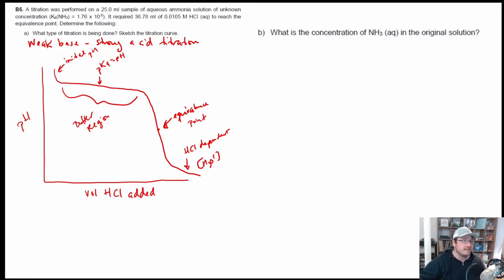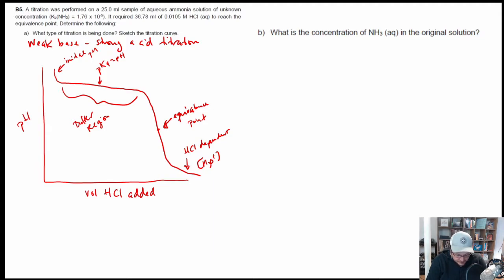But if you're adding more and more acid to it, it's just going to keep shifting away from forming any kind of base. So it's going to be completely dependent upon the amount of acid that you're adding at that point. That's going to be changing the pH in those cases.